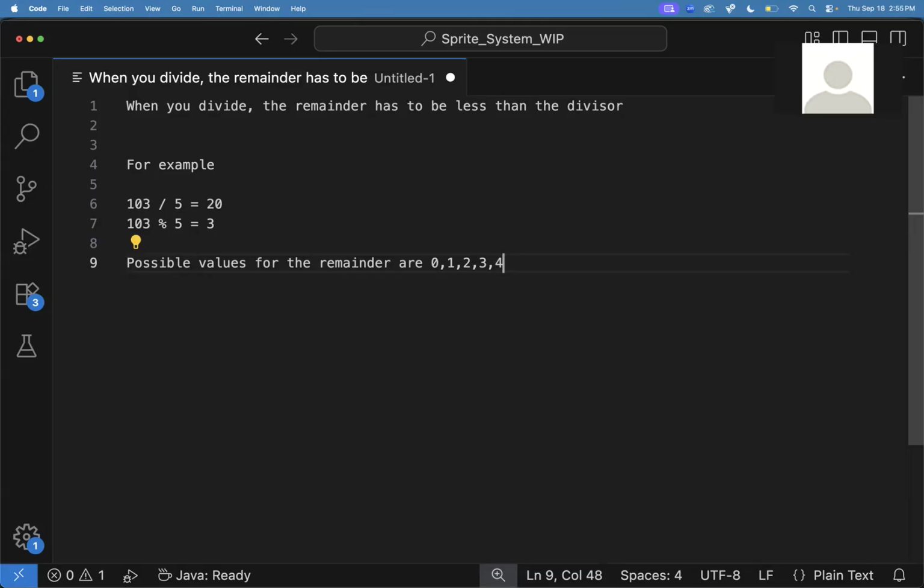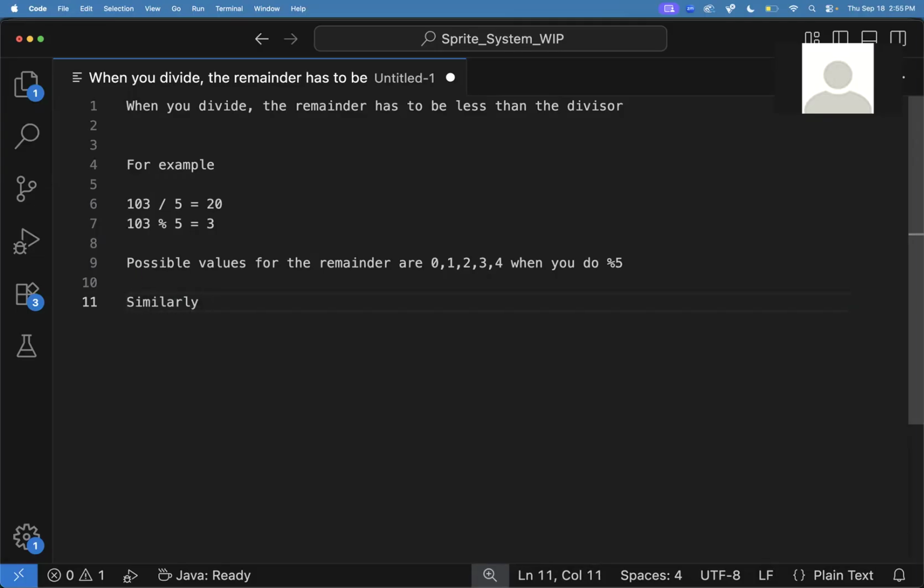Because if the remainder was 5 or more, then actually another 5 could have gone into the number, if that makes sense. And that's always going to be the case for any of them, right?